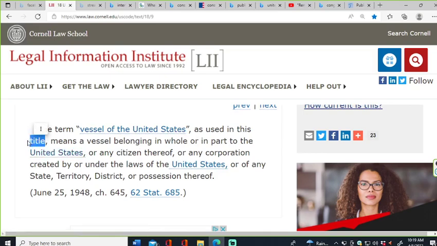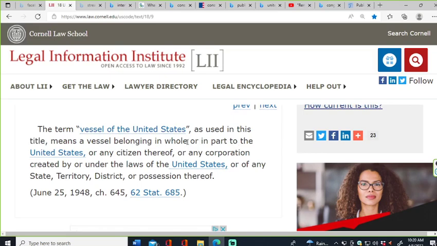So, when they gave you the all caps name, they gave you legal title so that they can pull you into the world of legalese. Right? That's what they did. Means a vessel belonging in whole or in part to the United States.